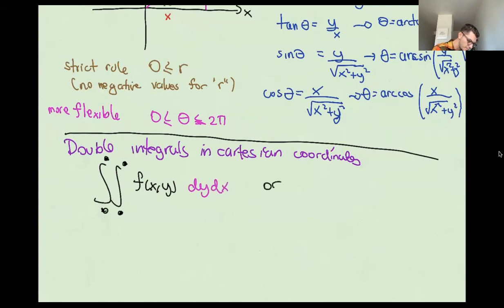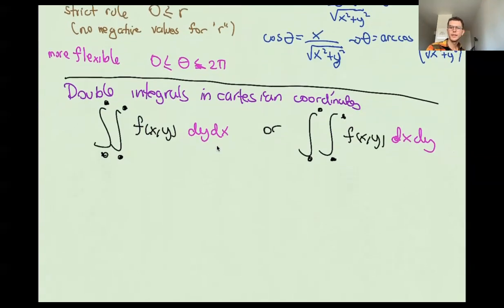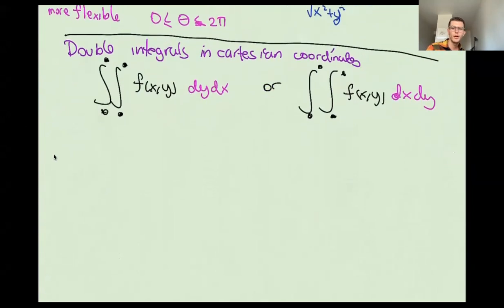Or if you use the opposite order of integration, you would put some other bounds and then dx dy. I didn't make a big point out of this until now, but let's focus on dy dx or dx dy for a second.